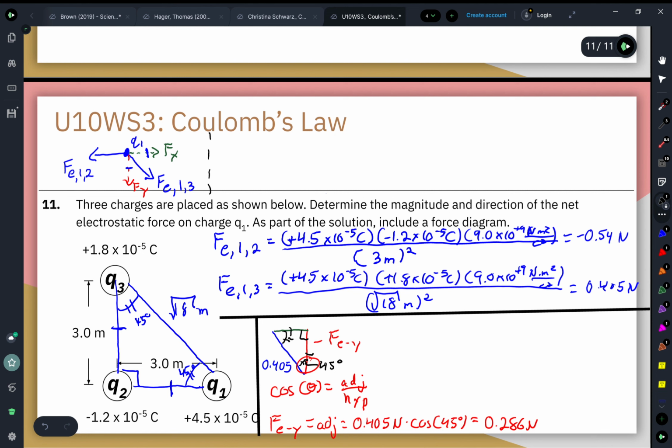So when we end up combining our horizontal components, where one is going to have 0.286 newtons here, to the right, 0.54 to the left, and then 0.286 down. Overall, we're going to have a downward force still of that 0.286 newtons. When we combine the left and rightward forces, we end up with a magnitude to the left of 0.25.